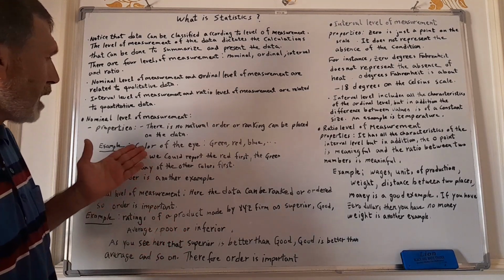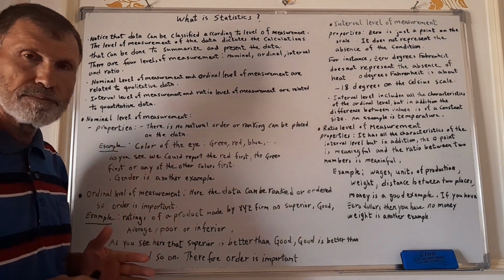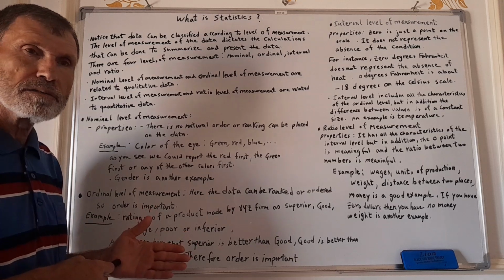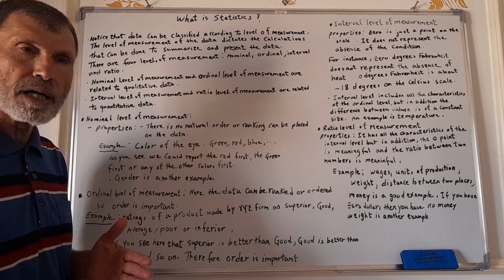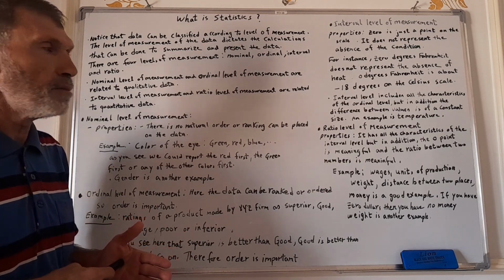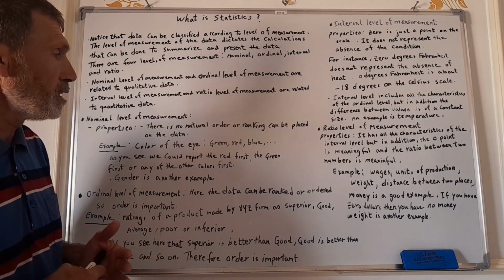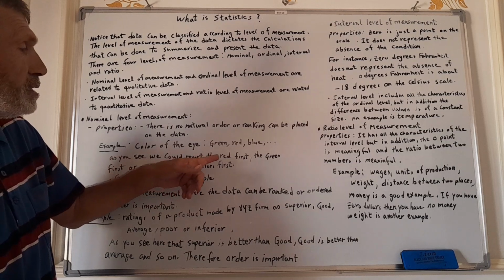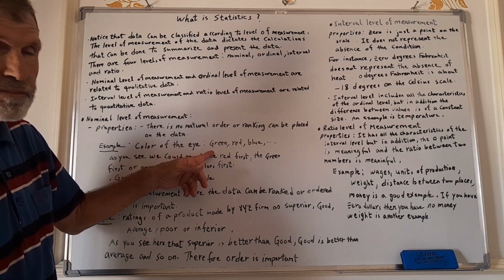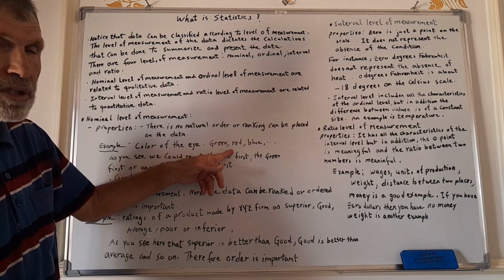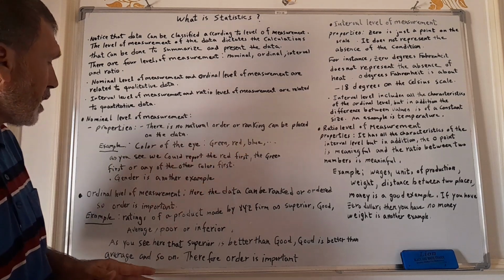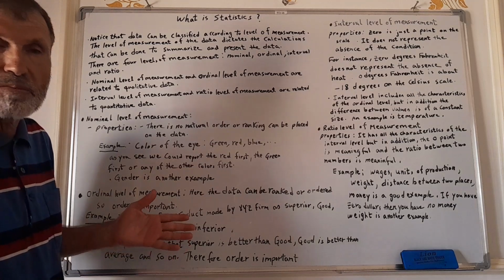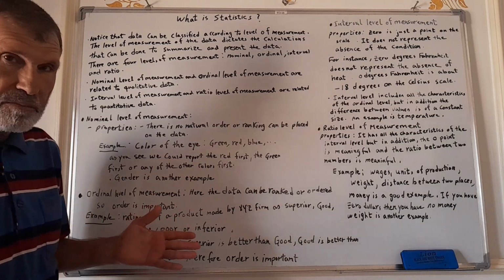Example, color of the eye: green, brown, red, pink, whatever. So we could report green first, or red first, or blue first. Or any of the other colors first. It does not matter.